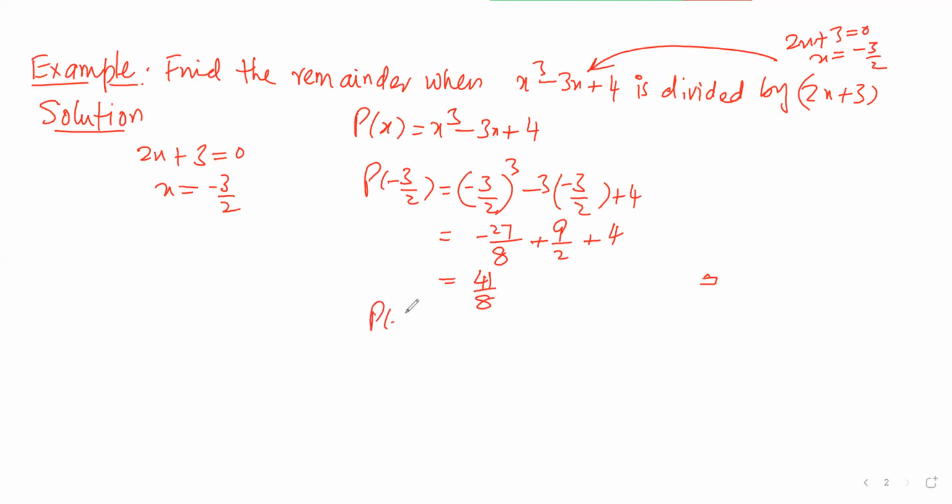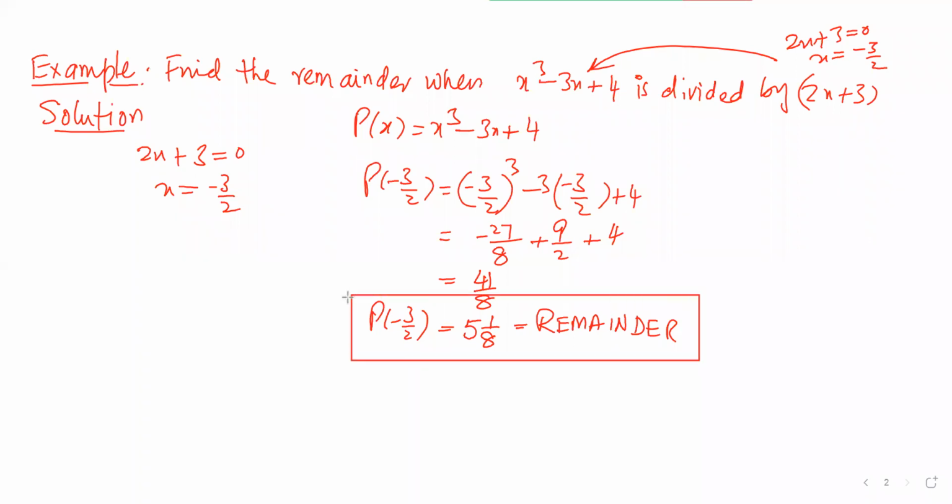So p(minus 3 over 2) is 5 whole 1 over 8, and this is the remainder for this problem.